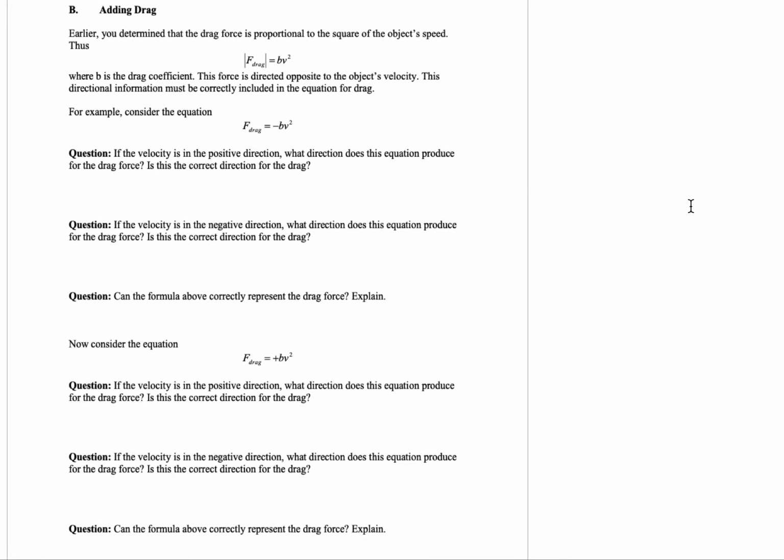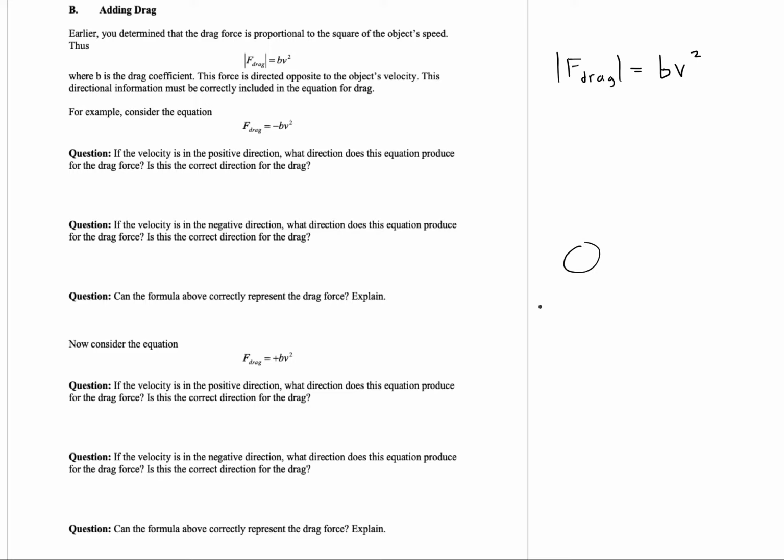Yeah, it says here that we can calculate the drag force, like the strength of it, by this constant, this coefficient b, times the speed squared. The force will always be directed opposite to the object's velocity. So what does that mean?